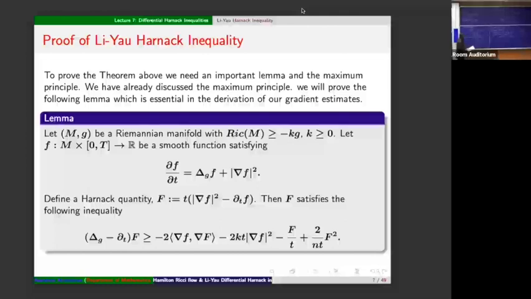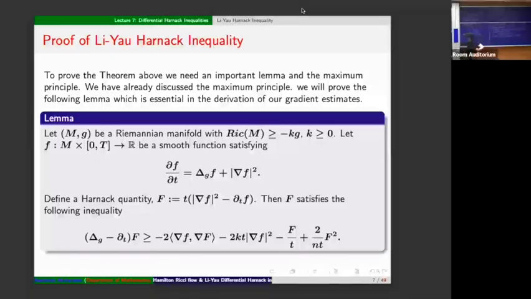If you substitute this here, then this is greater than or equal to 2 over n times the Laplacian of f squared, plus 2 the inner product from that formula, plus 2 Ricci of gradient of f, gradient of f.